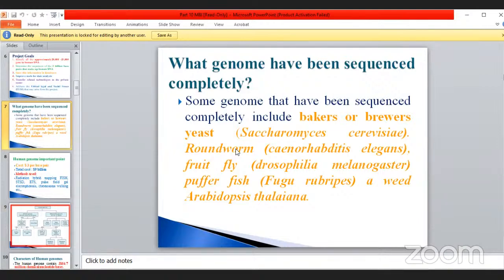A roundworm, Caenorhabditis elegans. And then, as you already know, the fruit fly, Drosophila melanogaster. Pufferfish, Fugu rubripes. A weed, Arabidopsis thaliana.